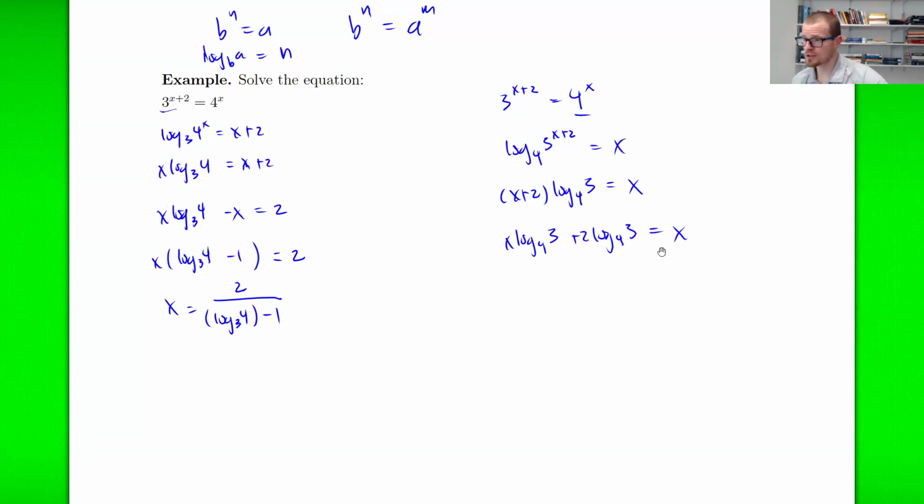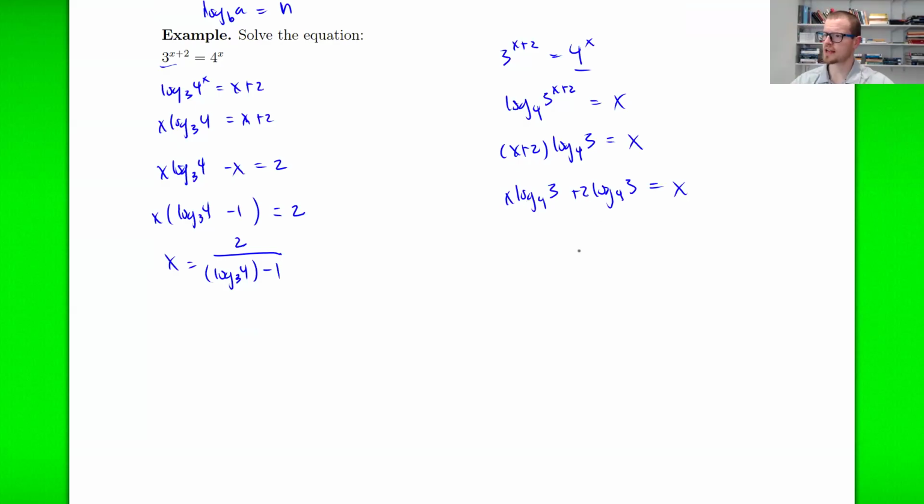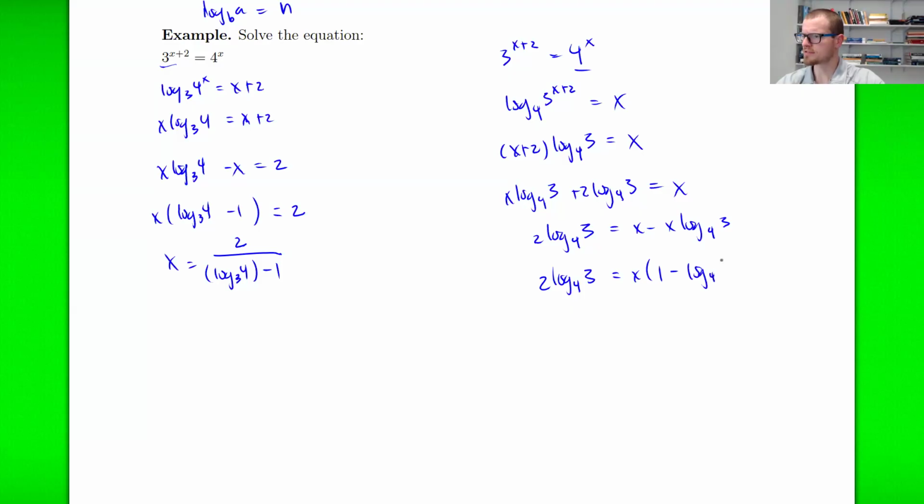I can subtract this from both sides to get 2 times the logarithm base 4 of 3 is equal to x minus x times the logarithm base 4 of 3. Pull off the common factor of x to get 2 times the logarithm base 4 of 3 is equal to x times 1 minus the logarithm base 4 of 3.